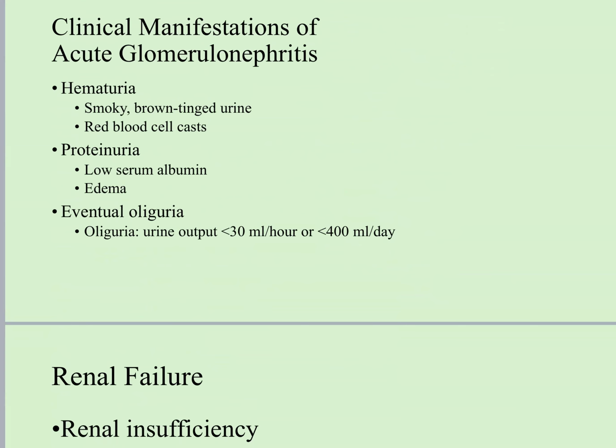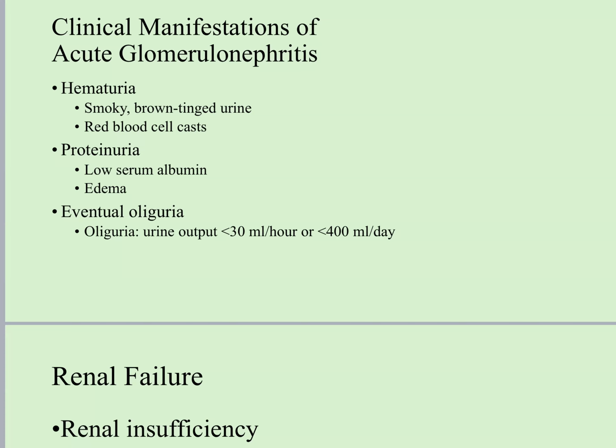And if we see red blood cell casts show up on a urinalysis, sometimes we don't even see the blood with our naked eye, but those casts can show up. And they can also give a clue as to where the problem is in the kidneys as well. So when you see casts, the problem tends to be further up.